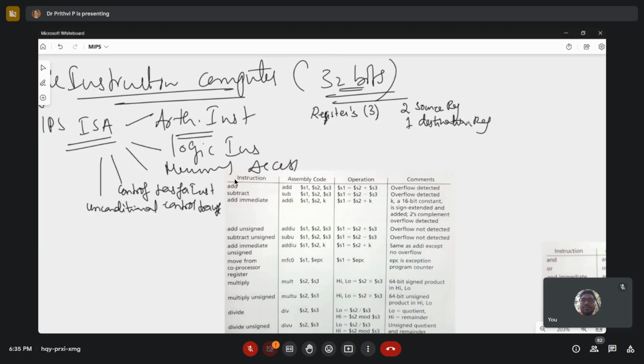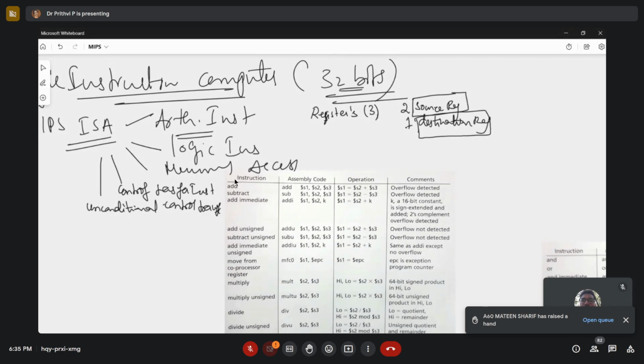The source register stores the values onto which the operation has to be performed. After performing the instruction, the result goes to the destination register.